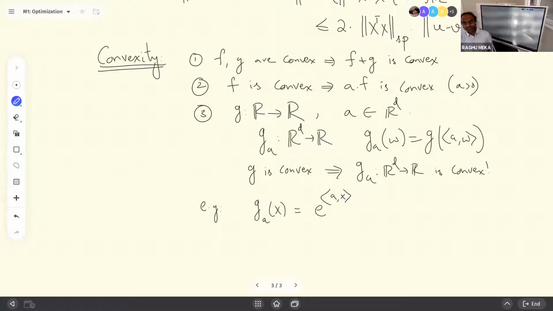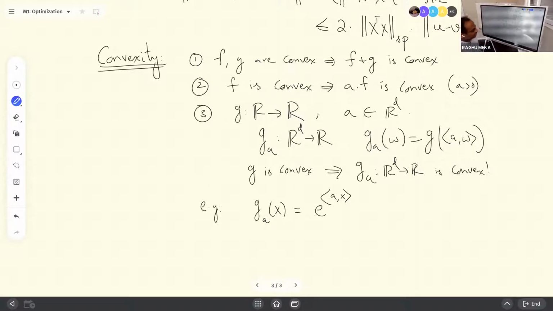This is a convex function, because e to the x is convex, and you can just go nuts after this. You can do all kinds of stuff. So these closure properties are very helpful, especially if you think of recursively composing functions, then you get convexity if each one is convex.